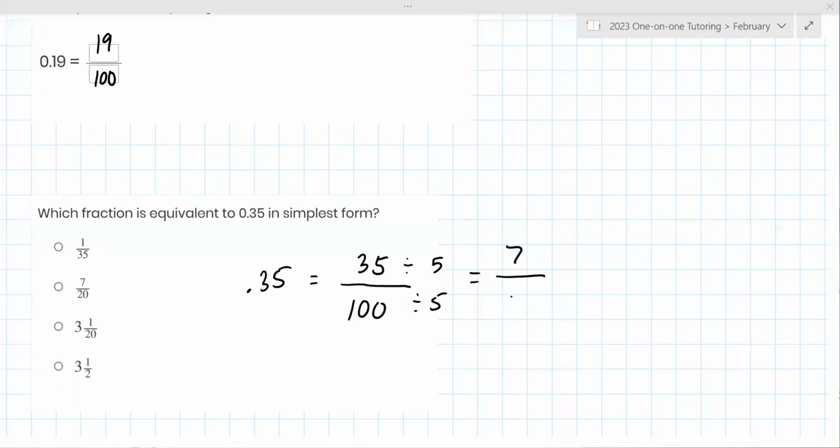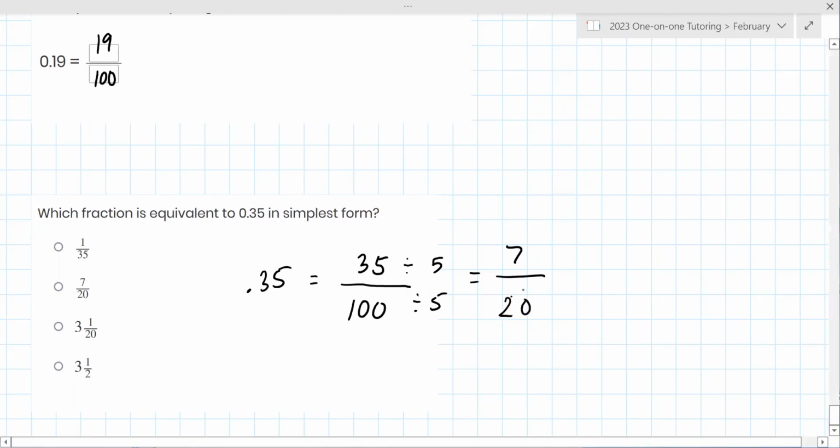What is 100 divided by 5? 50. It's 20. 5 into 100. How many times does 5 go into 10? Two times, right? 2 times 5 is 10. Subtract.